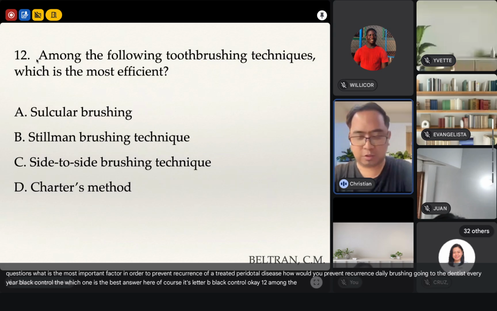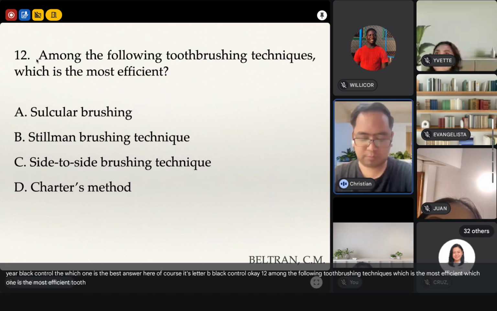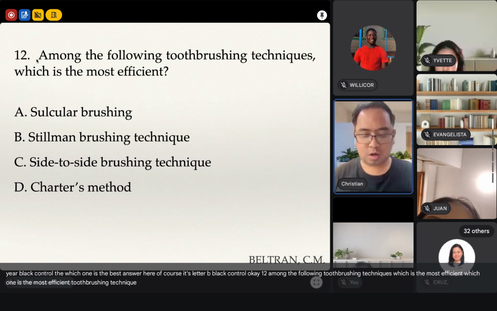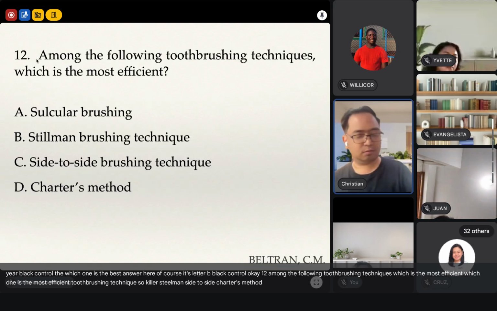Number 12. Among the following toothbrushing techniques, which is the most efficient? Circular, Stillman, side to side, Charter's method. What would you answer?